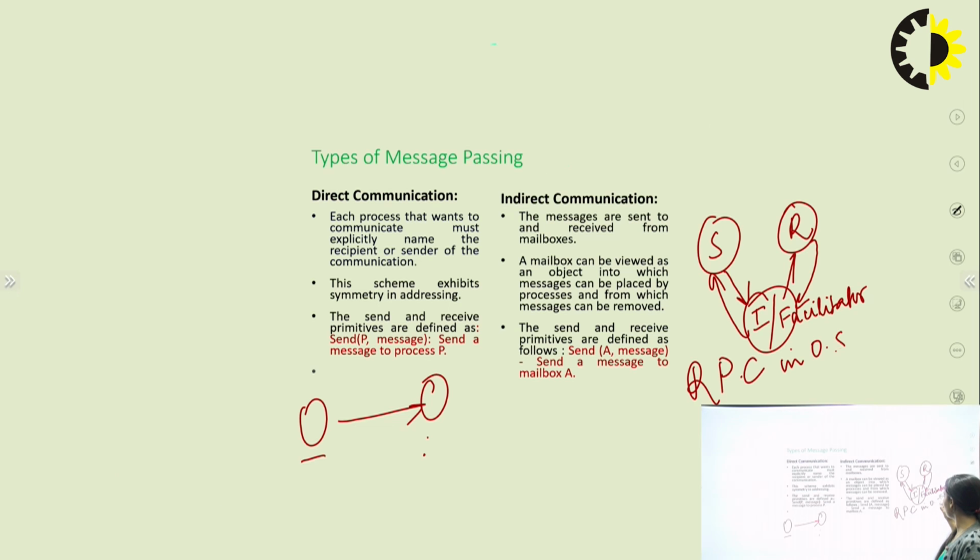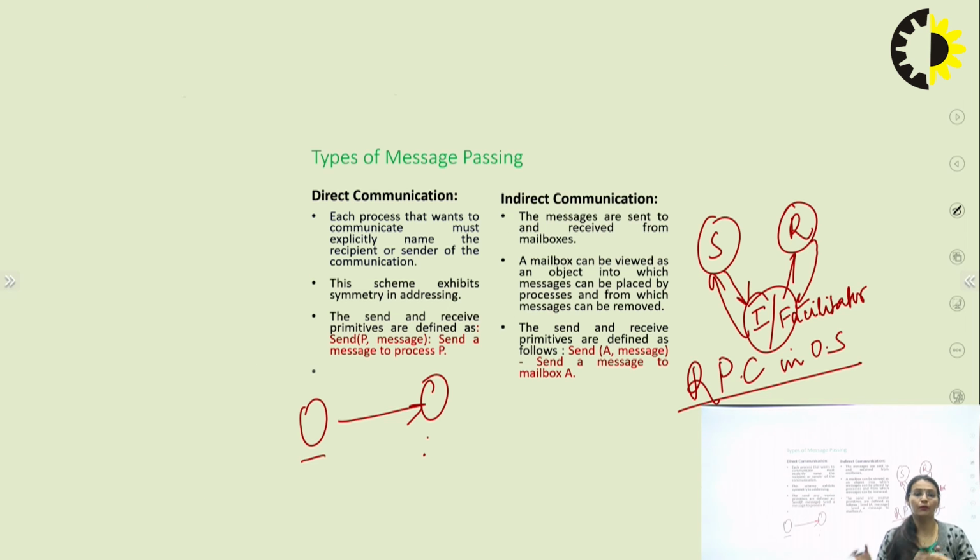That is, when I'm doing any remote procedure call in an operating system. So basically the phenomenon of intermediate agents or intermediate nodes is used here. In that case, messages are sent or received through some kind of mailboxes. These mailboxes can be viewed as an object into which a message can be placed and from which a message can be removed.